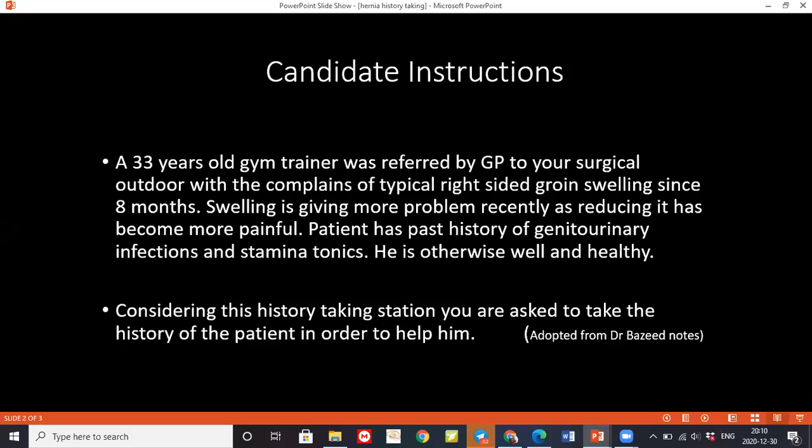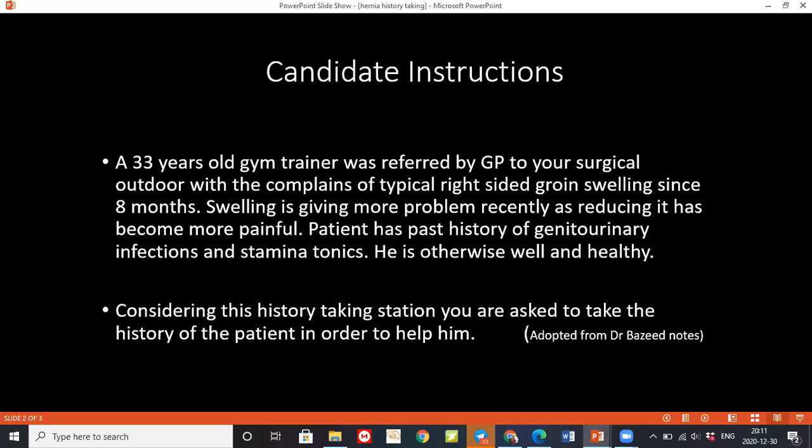No. Anything which makes it better, like it can decrease in size? No, nothing. And when you lie down, does the swelling go back? No, it's nothing like that. If you try to reduce this on your own, can you do that? No, it's not reducing by itself or by myself.